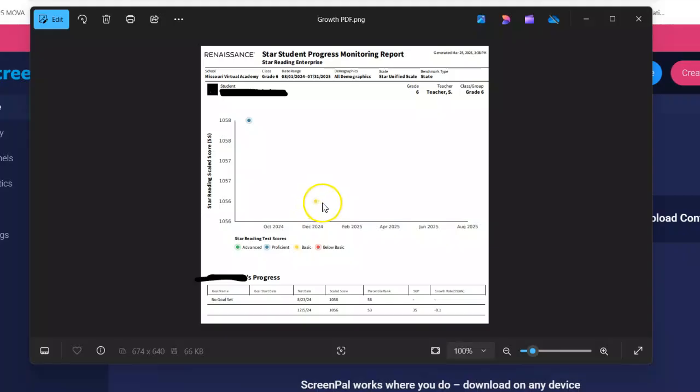That will come in handy when you think about making your growth SMART goal, right? We technically want to be thinking about why it went down and how we make it from here. We want to go back to being proficient and advanced, right? So I'm going to jump over to the other parent report and make a video on that.